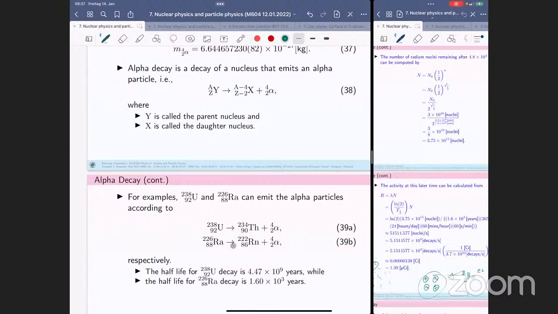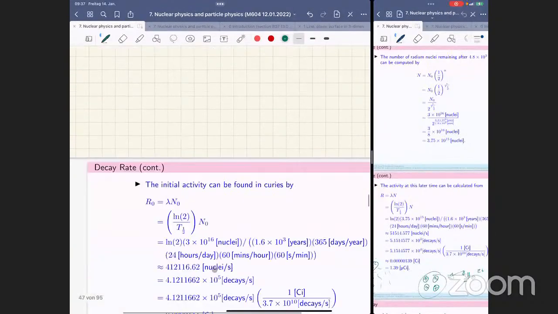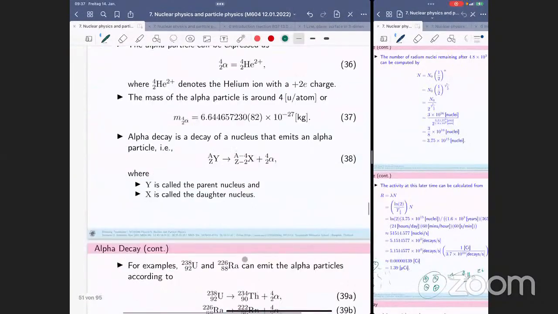The half-life of uranium-238 is billions of years, which is quite long. The half-life of radium is 1,600 years, which is not so long. Radium is what we just considered in the previous example.